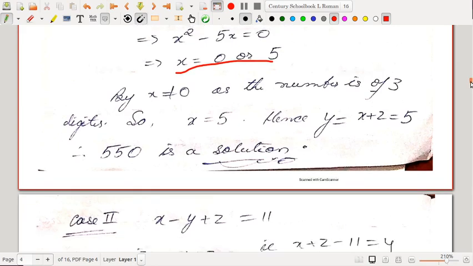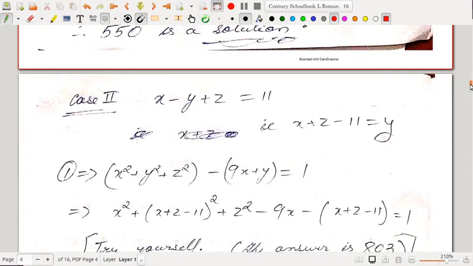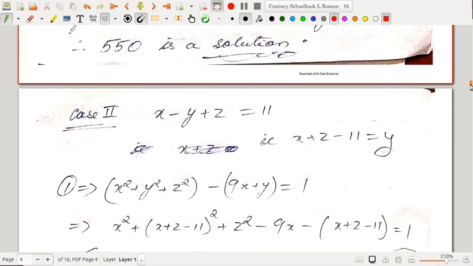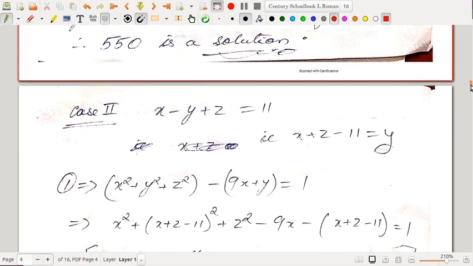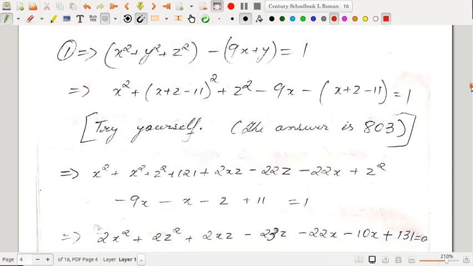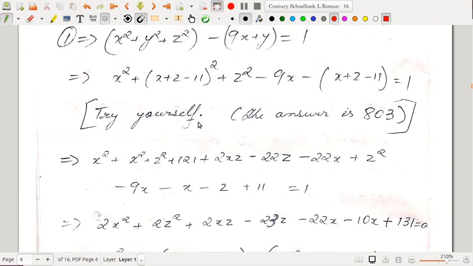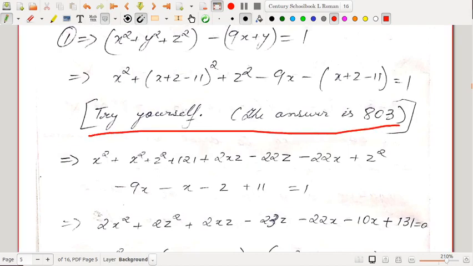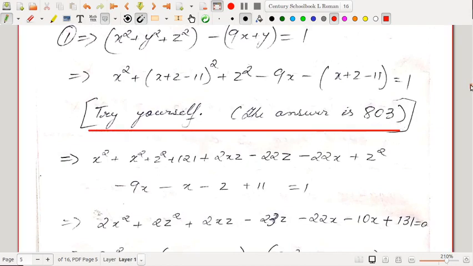The next case is x minus y plus z equal to 11, so y is equal to x plus z minus 11. Here I had written a comment as I was discussing this with some of my students, and I had given them this as homework, so please ignore this for now.